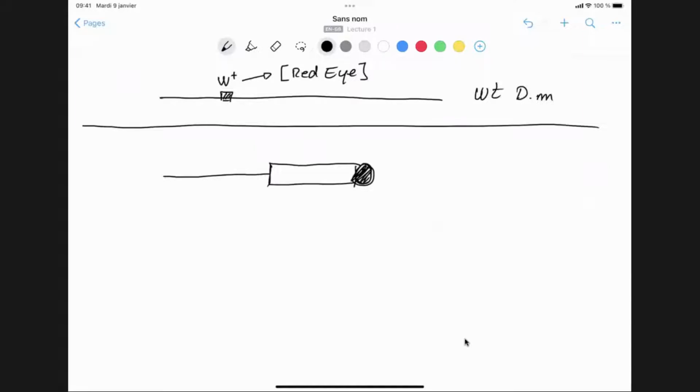So this is the wild type Drosophila here. They used a mutant of Drosophila for this gene. So this Drosophila's phenotype is white, because it doesn't carry the wild type red eye gene. Is it okay till now?